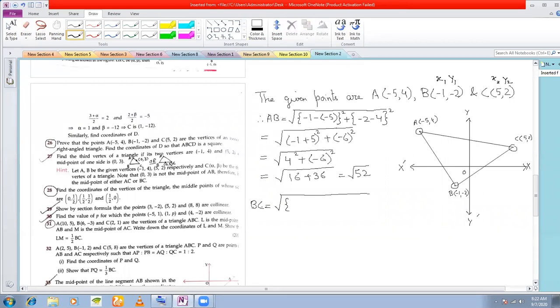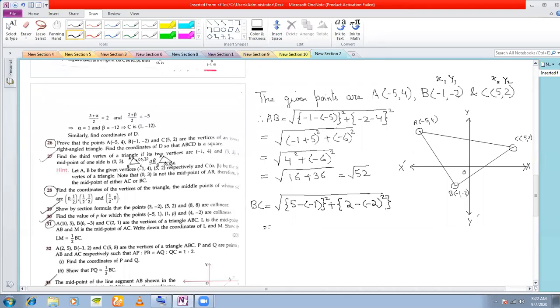So you have (5 minus 1) square plus (2 minus of minus 2) square.